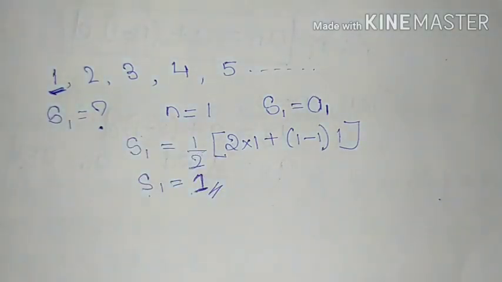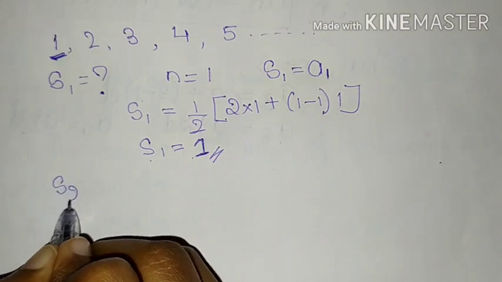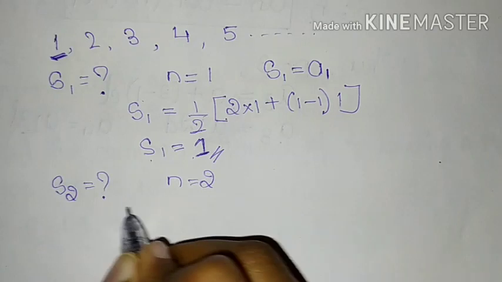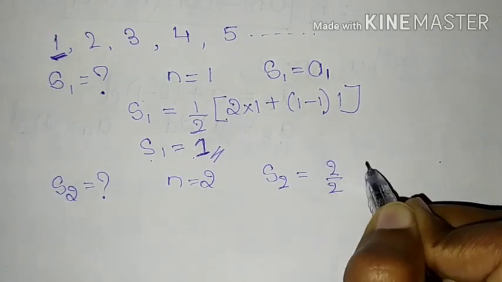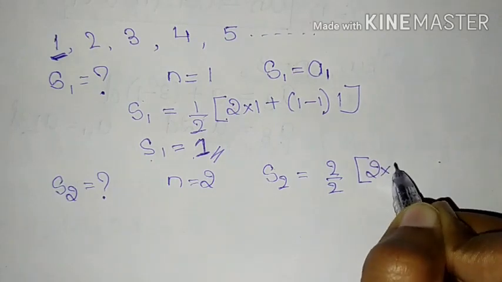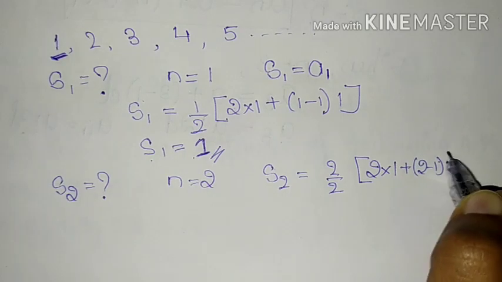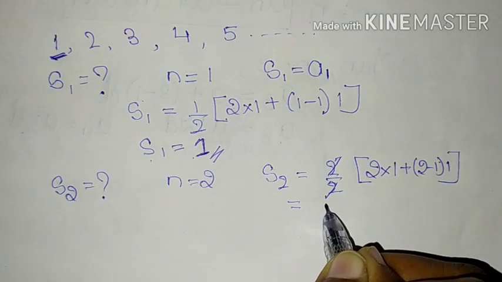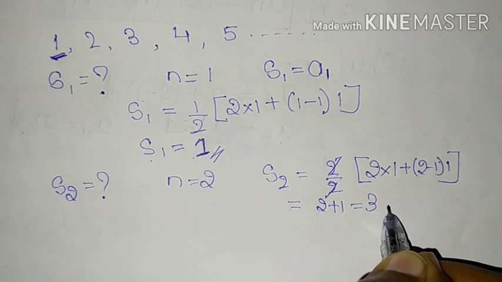Similarly, if I tell you to find the sum of the first two terms of our AP, then S2 is equal to how much? n is equal to 2. Then S2 is equal to n by 2 into 2a plus n minus 1 into d, that is 2 by 2 into 2 into 1 plus 1 into 1, which is nothing but 2 plus 1, which is equal to 3.